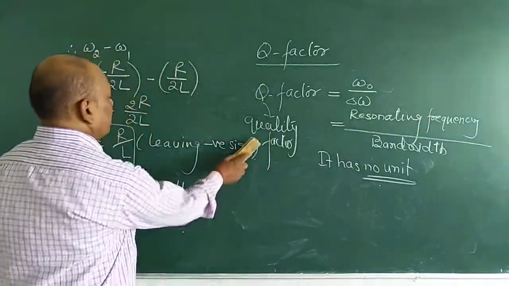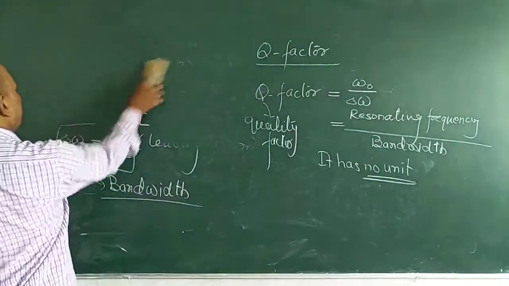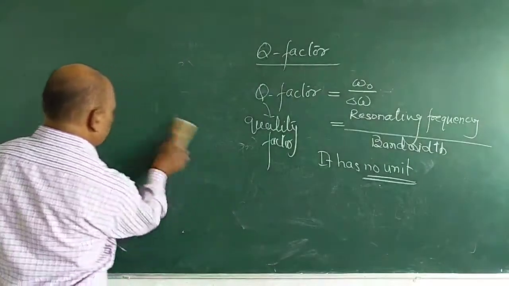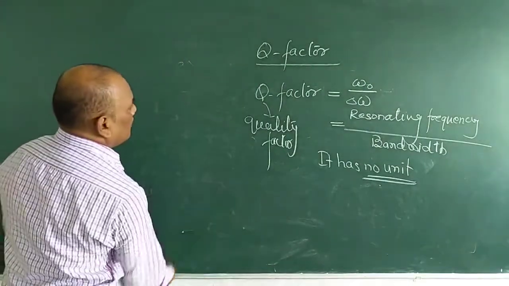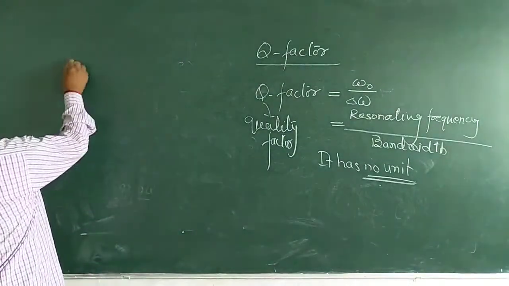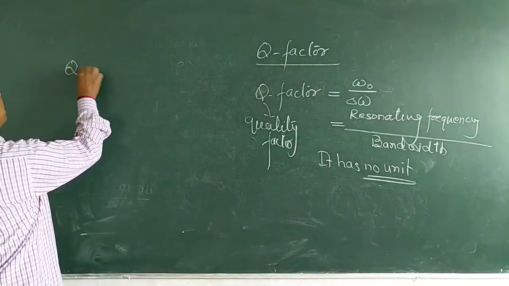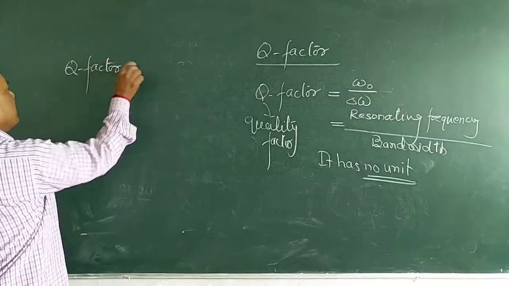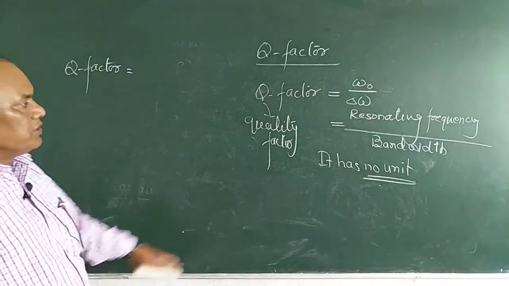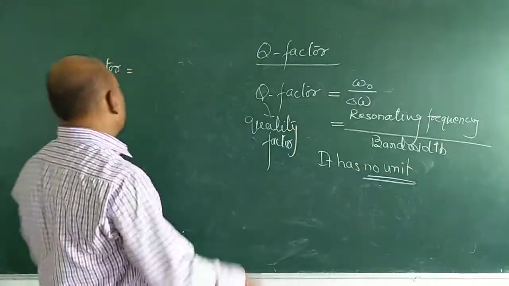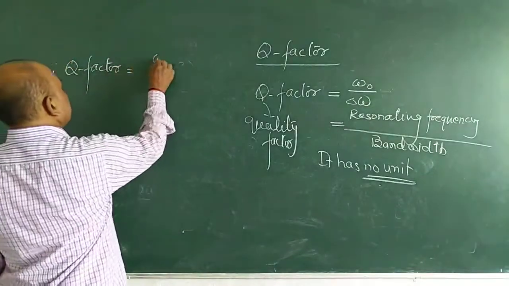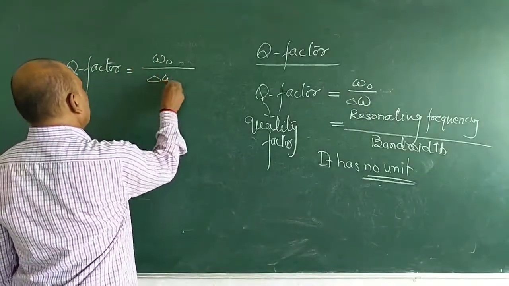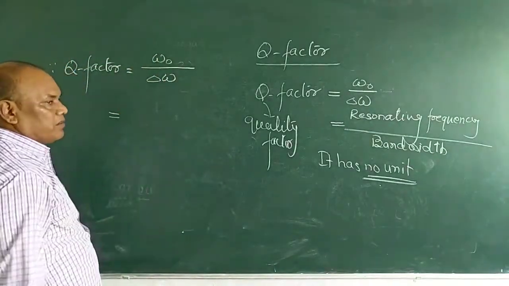Now if we put in the value, Q factor is equal to omega 0 upon delta omega.